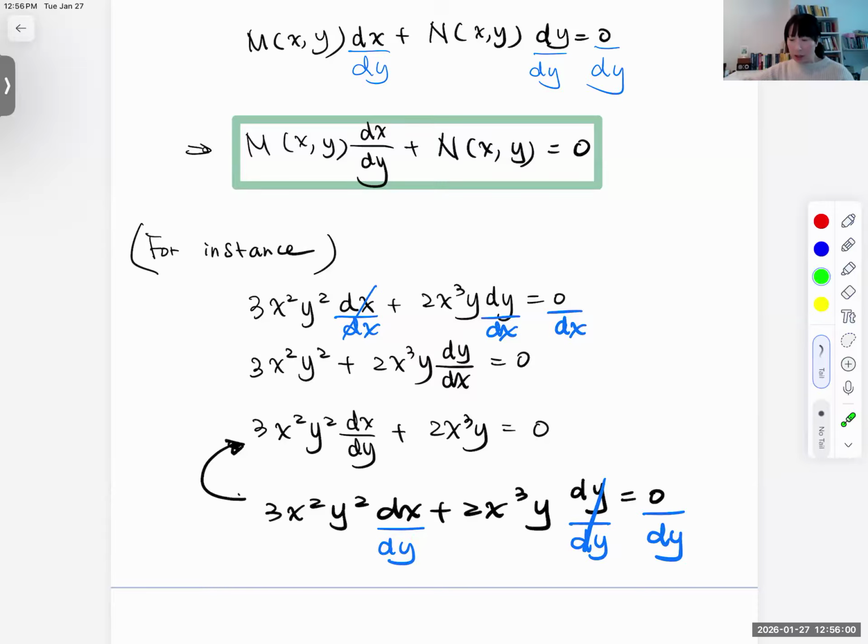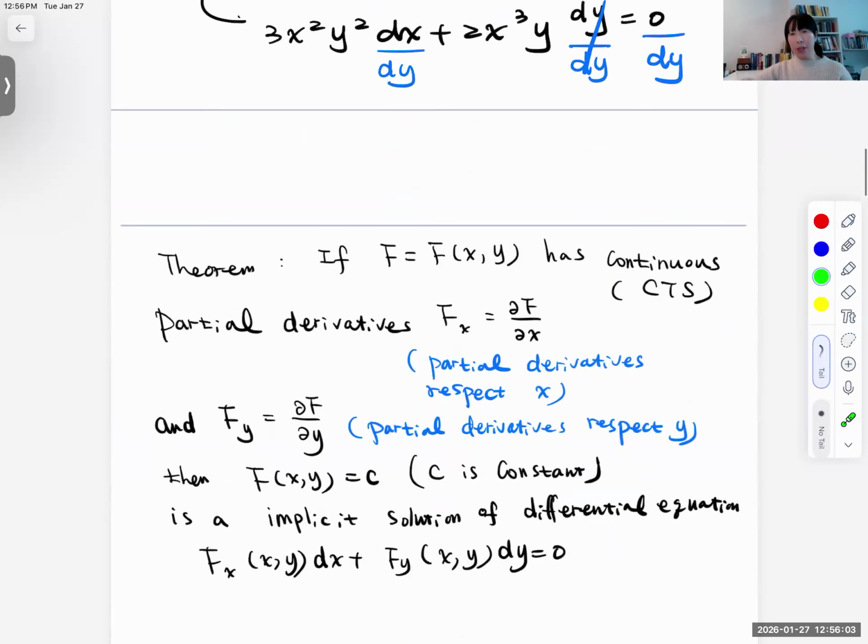Now we have a theorem. We're just using any letter, so we have a function in terms of x and y that is continuous. I want to denote continuous as CTS because the words are too long. Partial derivative: we learned how to do partial derivatives in Calculus 3. So we use the partial derivative with respect to x, and we denote it f sub x.